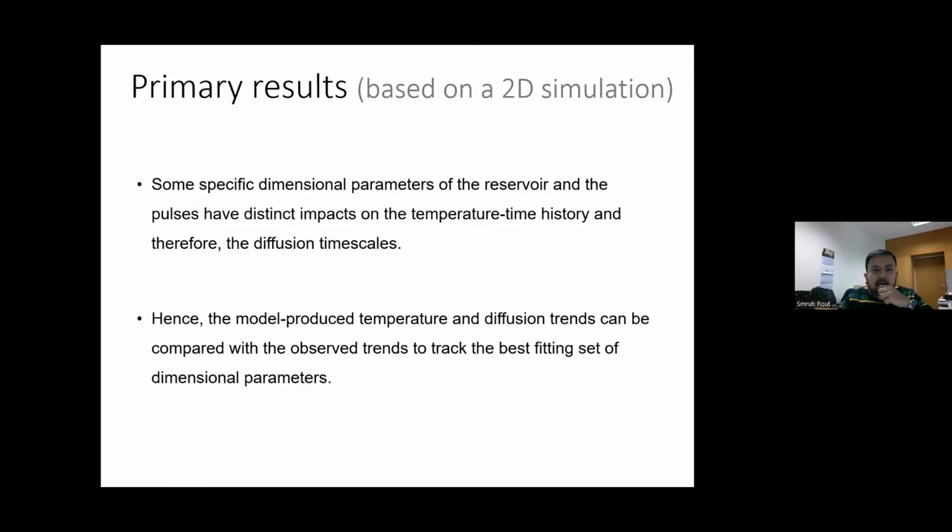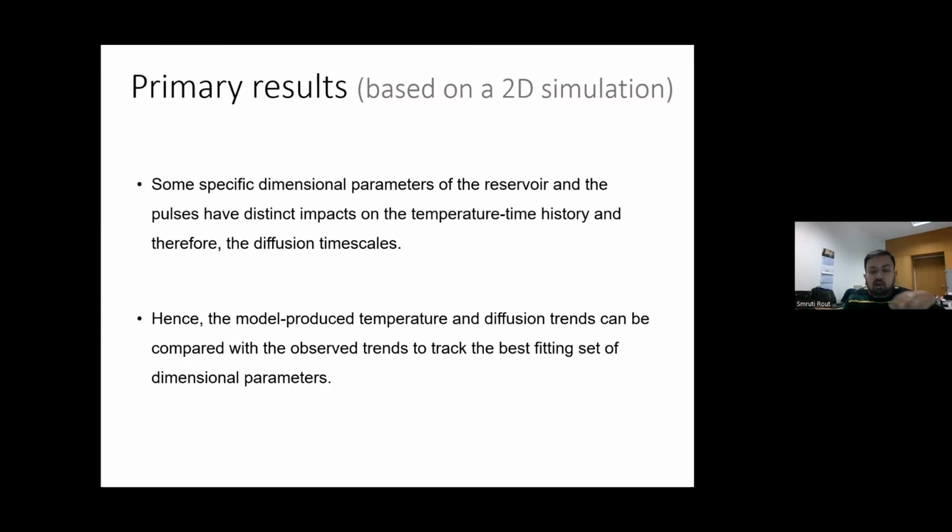And then apart from that, we also see that some specific dimensional parameters of the reservoir as well as the thermal pulse have distinct impacts on the temperature time history, and therefore on the diffusion timescales.